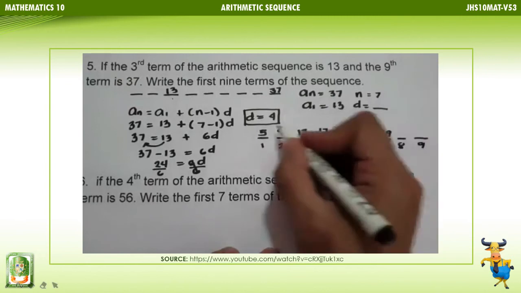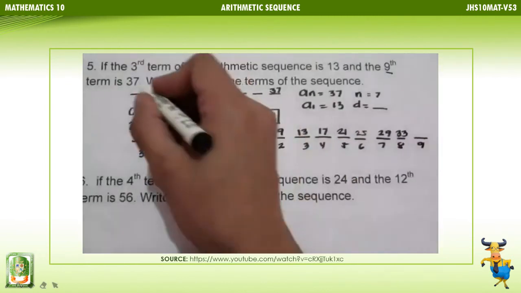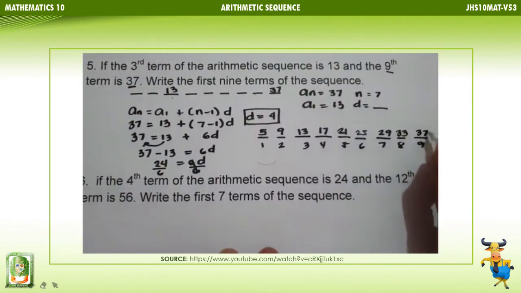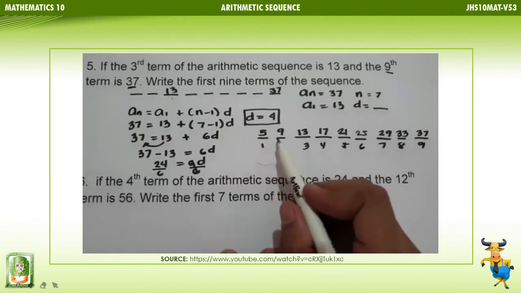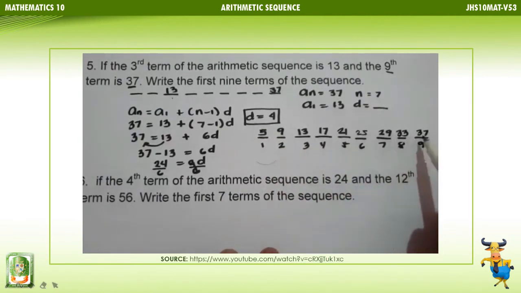Then 29 plus 4 is 33. And then the ninth term, which is 37. So therefore, the first 9 terms in the sequence are 5, 9, 13, 17, 21, 25, 29, 33, and 37.